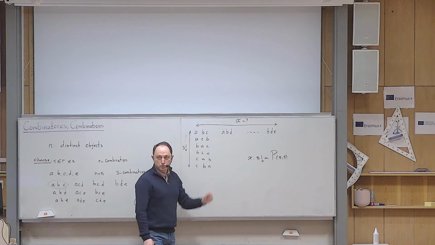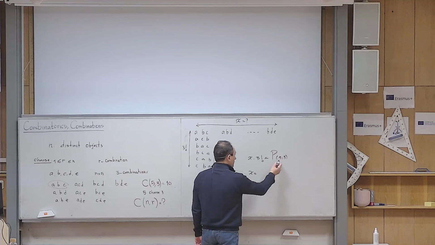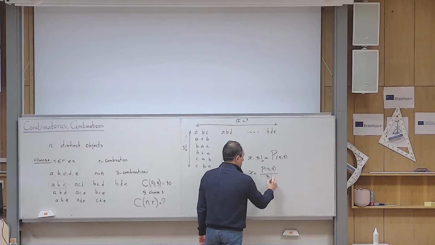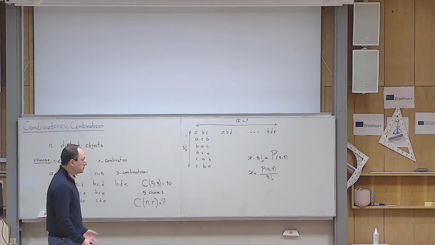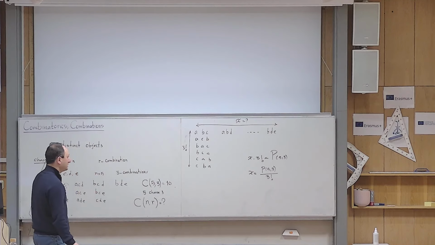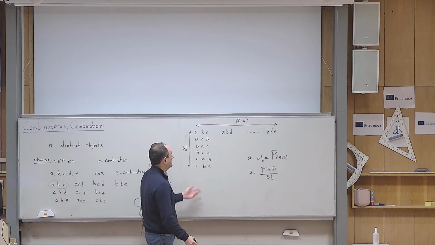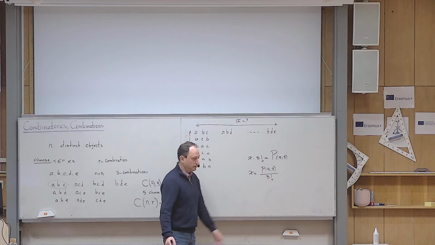So these 2 numbers should be equal. So if I ask you what x is, it is nothing except the previous formula divided by an extra 3 factorial. Yes? This is one way. Of course, you can understand that each item has 3 factorial, so you can say that I divide the previous number by 3 factorial.